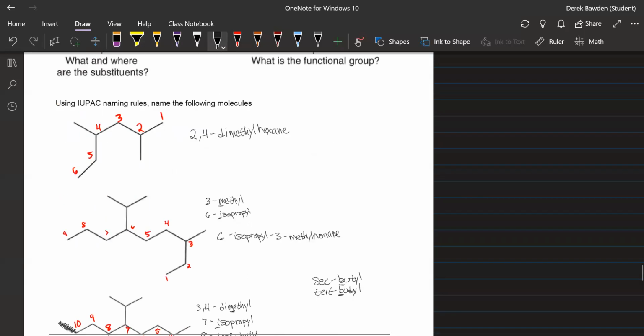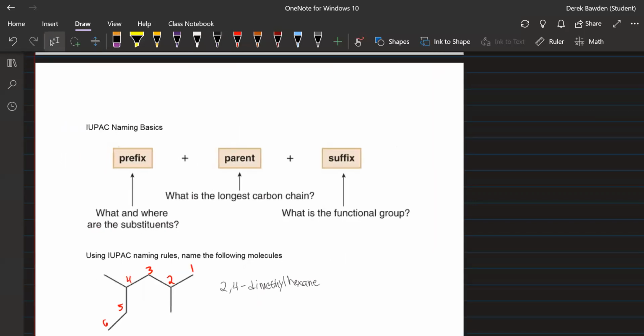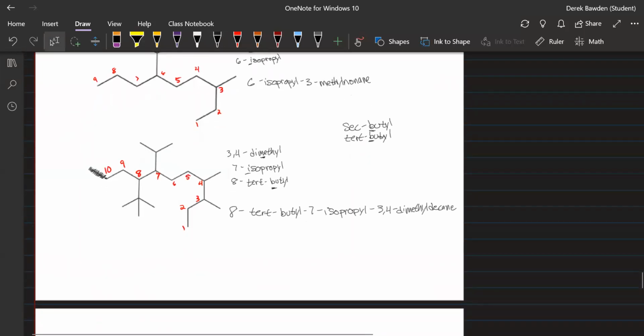And I did put at the top here some ways to remember the order they go in, so you can remember the IUPAC naming rules there. But just remember that substituents, you're always going to end them in YL, right? Isopropyl, butyl, methyl. But if that was the parent chain, if there was a 4-carbon parent chain, it would be butane. Okay, that's where we're getting those.